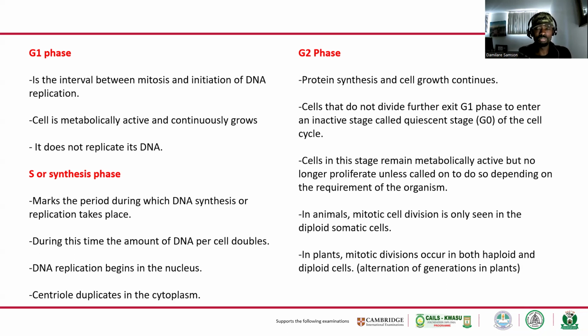Are you getting it? The G0 phase is a full resting phase, like inactive, nothing is happening there. Cells in this stage remain metabolically active, but no longer proliferate unless called on to do so, depending on the requirement of the organism.